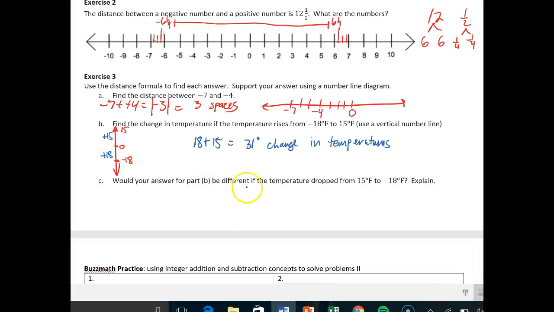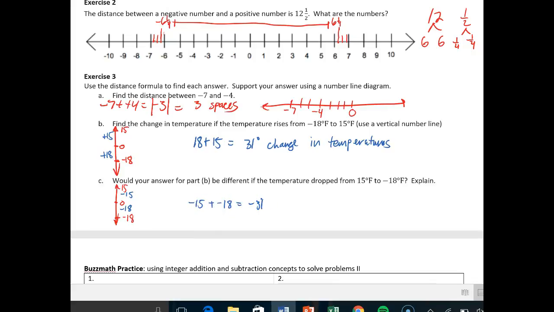Would your answer in part a be different if the temperature dropped from 15 to negative 18 degrees? Well, let's think about this. Here's 0 again. Here's 15 degrees. And here's negative 18 degrees. So if I'm dropping, I'm going down 15, down 18, right? So what is negative 15 plus negative 18? Well, that's negative 33.